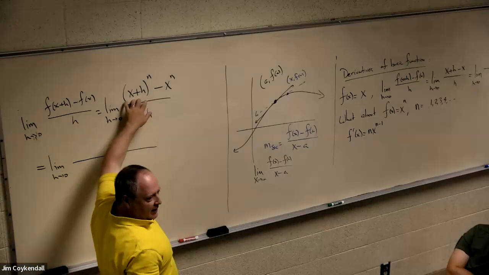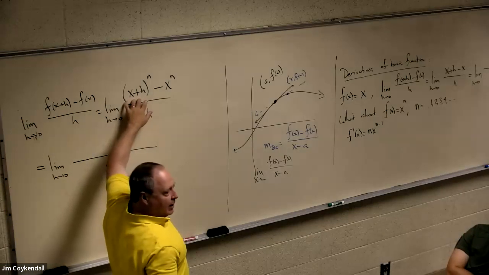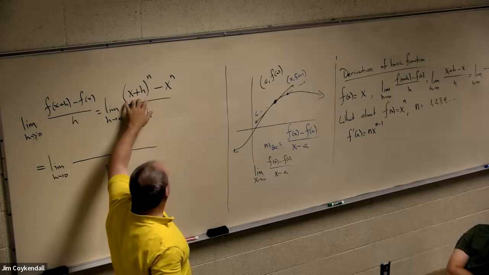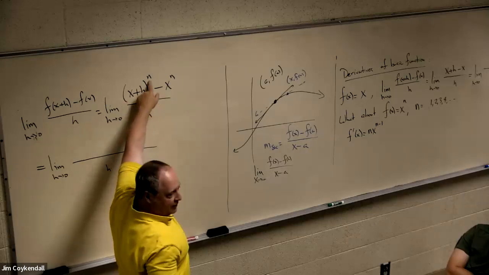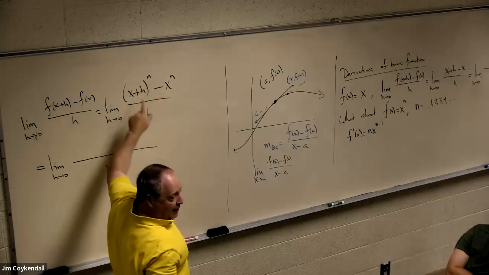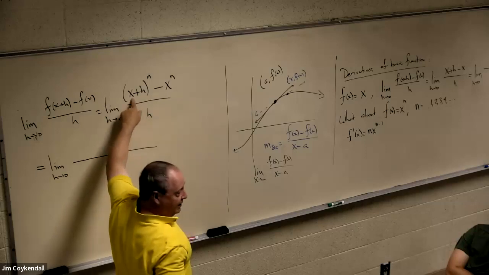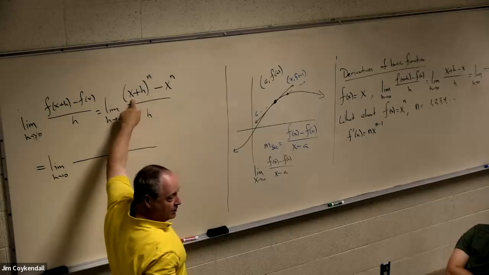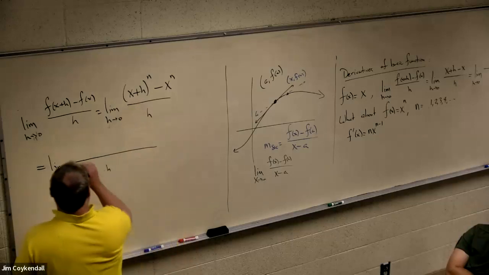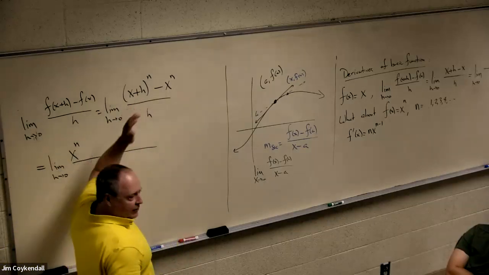What happens when you take the n power of this? Nobody wants to do this for, say, the 8675309 power. But I don't know much, but I do know this. The first term that comes out of this is x to the n power. Do I agree with that? Does anybody know what the next term is?